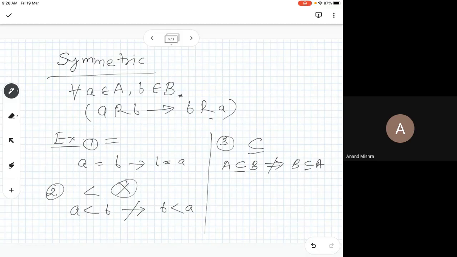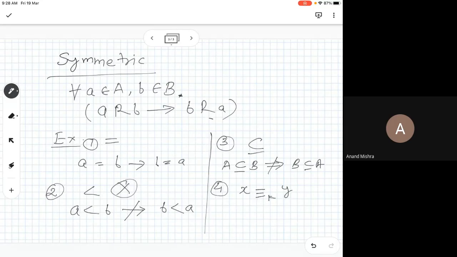If both are equal, then it is true, but otherwise it is not, so it is not true for all a, b. Any other relationship which is symmetric? One of them is the modulo congruence, which we discussed.